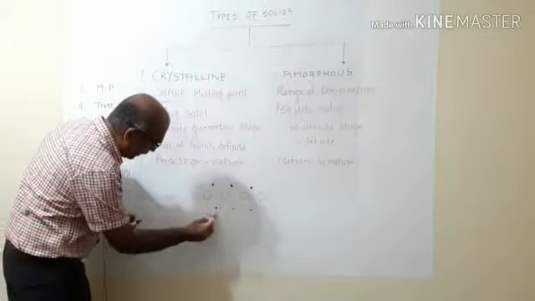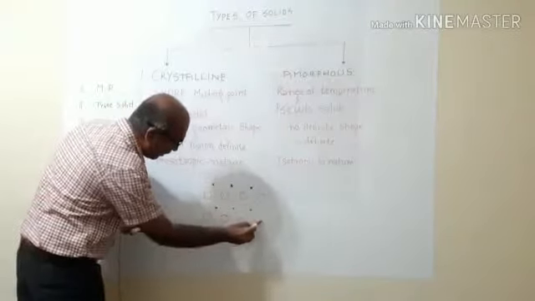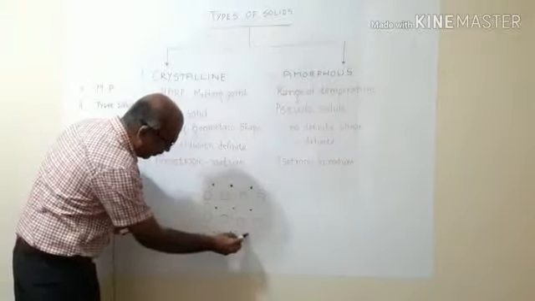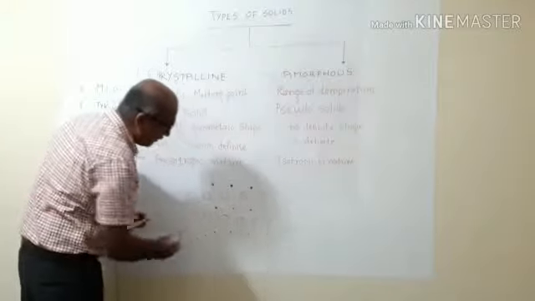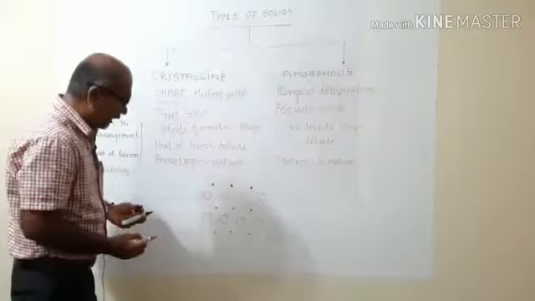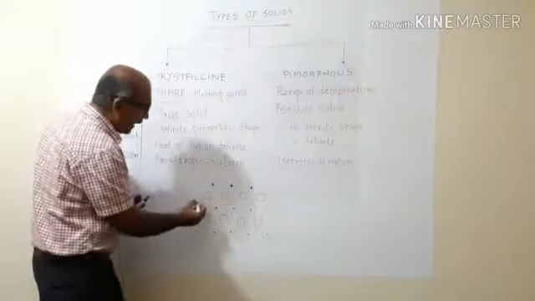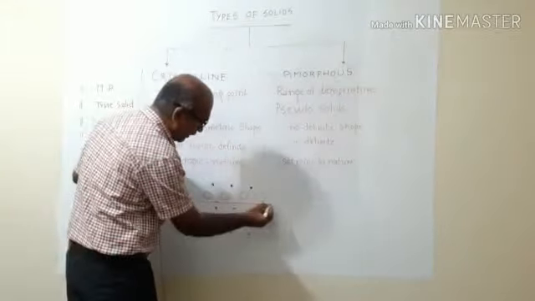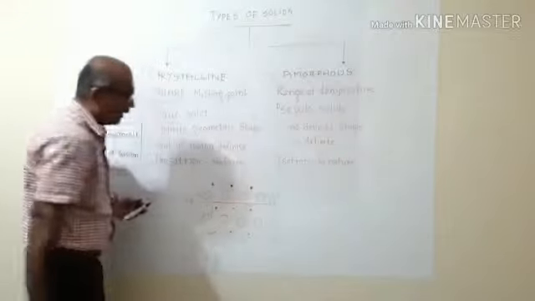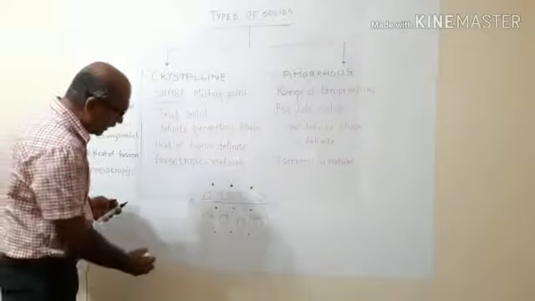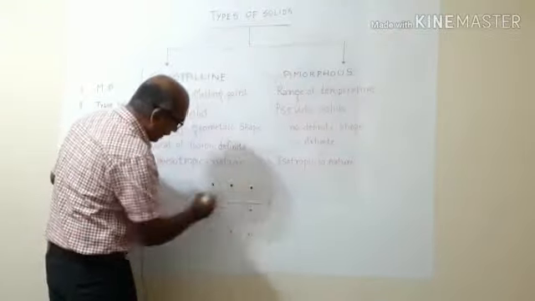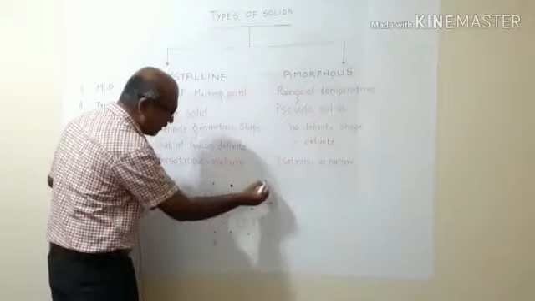I will draw one more row, and one more row. If I draw one direction, consider it as AB, and another direction, B and C.